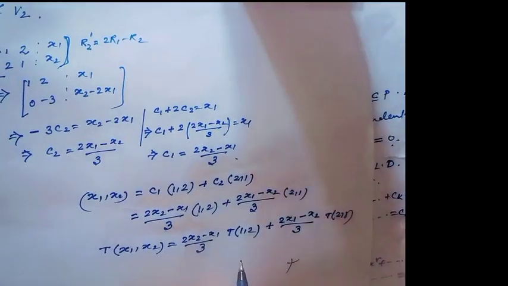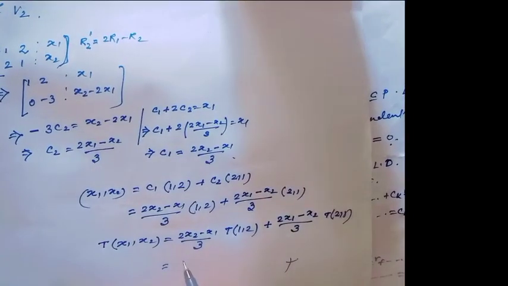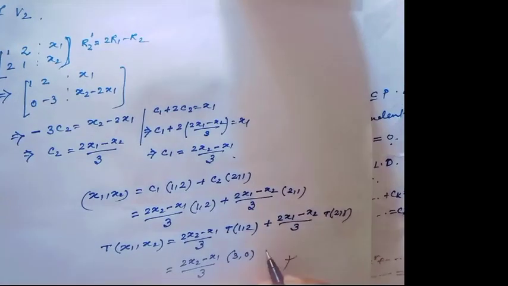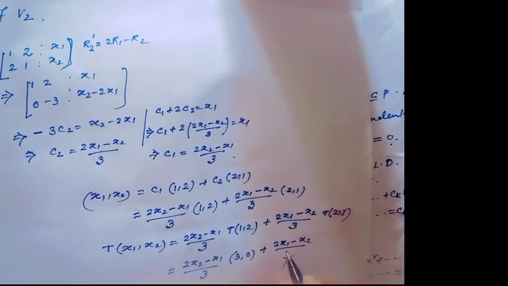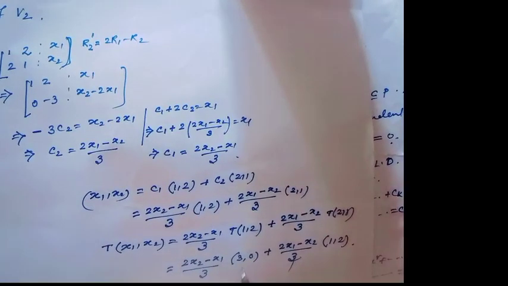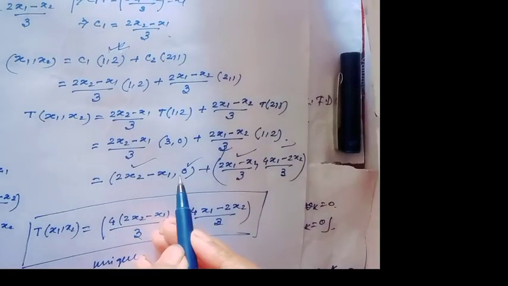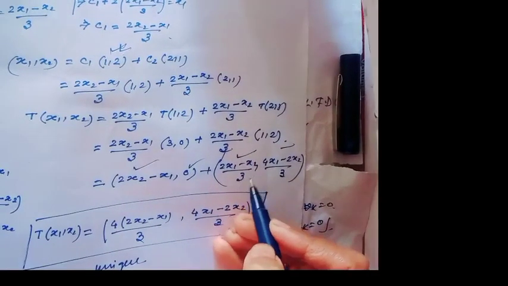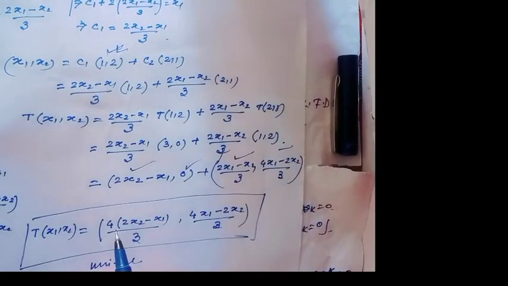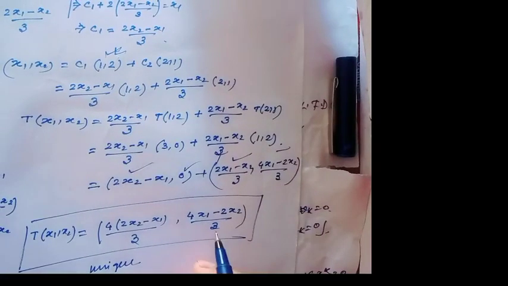Given T(1,2) equals (3,0) and T(2,1) equals (1,2), this becomes (2x2 minus x1) over 3 times (3,0) plus (2x1 minus x2) over 3 times (1,2). After calculation, this would be (2x2 minus x1, 0) plus ((2x1 minus x2) over 3, (4x1 minus 2x2) over 3).